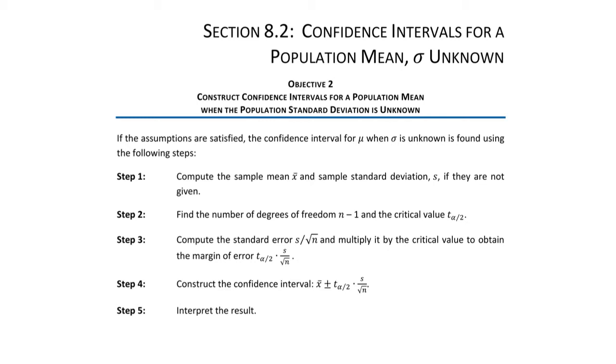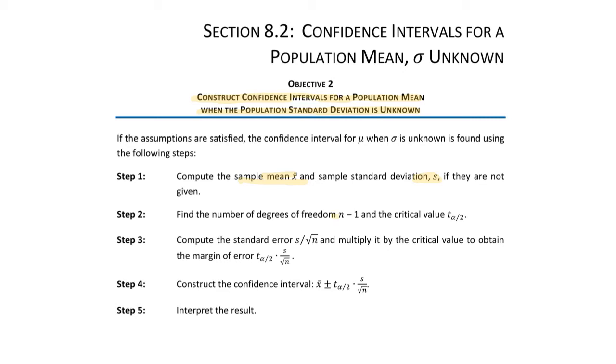Now let's look at the procedure of how to construct the confidence interval for the population mean when the population standard deviation is unknown. If the assumptions are satisfied, the confidence interval for mu when sigma is unknown is found using the following steps. First, compute the sample mean and sample standard deviation s if they are not given.